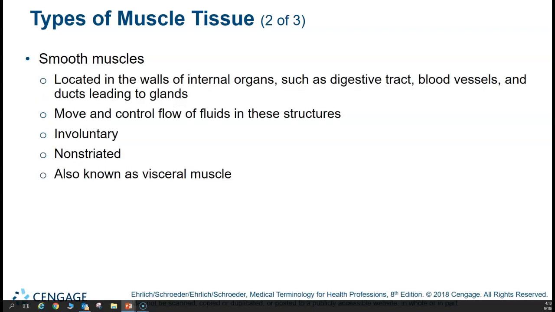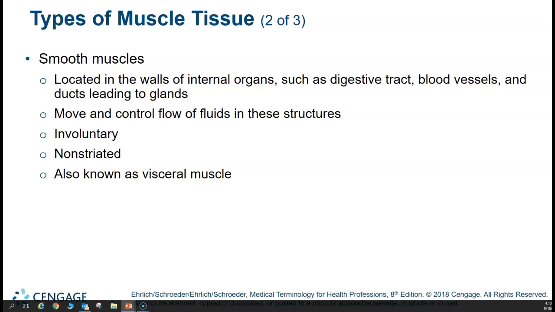When we look at the smooth muscle or involuntary muscles, that's different. That's the type of tissue that's actually lining our internal organs, like the digestive tract and our blood vessels and our lymph vessels. When we look at the digestive system, we have something called peristalsis, and it's the constant movement of those muscles that are moving the food through the digestive system.